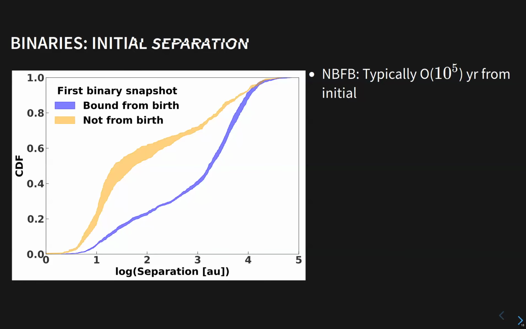So they were in the same system, and then they became binaries with a much closer separation. This is indicative of these stars coming in and replacing some initially closer companion. To give you a sense of the time scale, this all occurs over order 100,000 years from that initial snapshot where both stars are present. There's a range, but this is the median time scale.